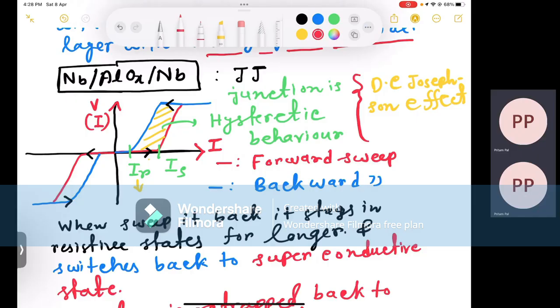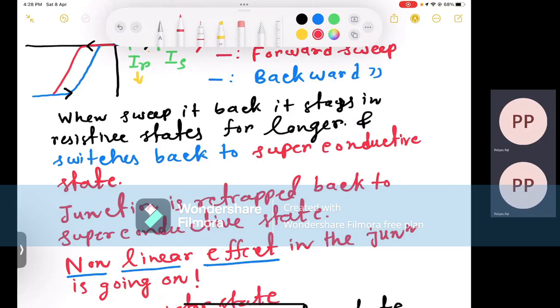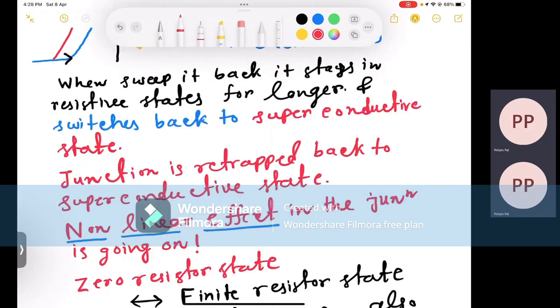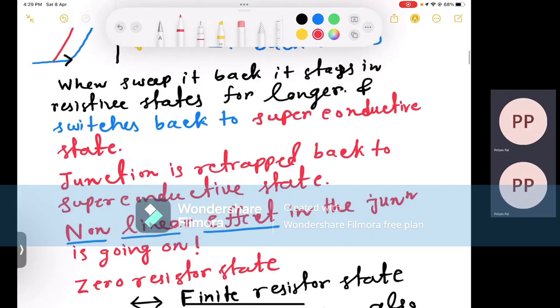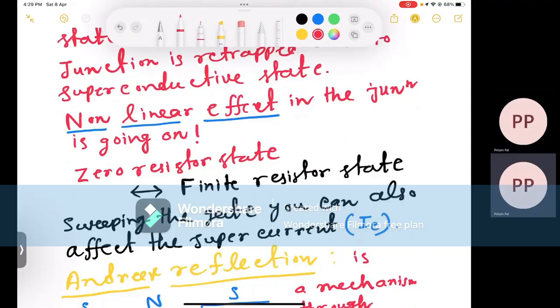This is the hysteretic behavior we can see in the IV characteristics of this Josephson junction. When it sweeps back, it stays in the resistive state for a longer time and then switches back to the superconducting state. So basically, the junction is retrapped back to the superconducting state. This is a non-linear effect going on in the junction.